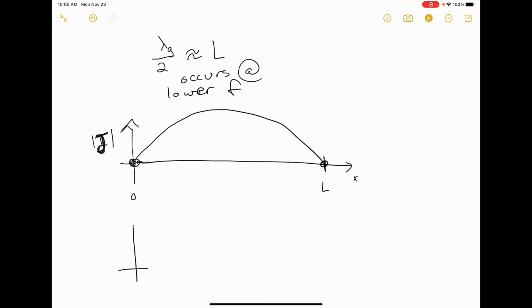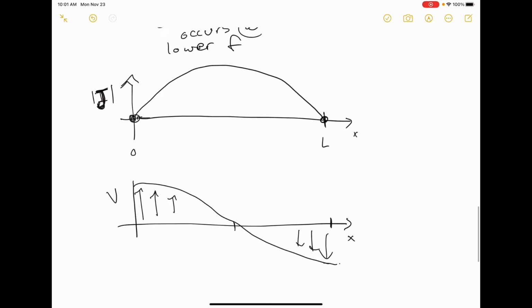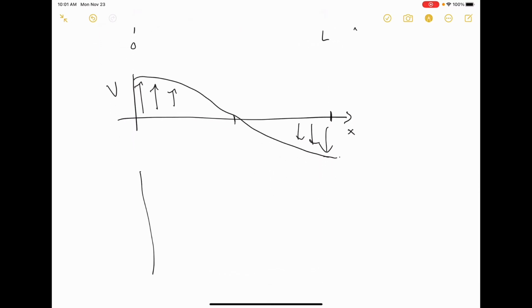The voltage on this antenna is going to do the opposite thing. So over the same region, the voltage is going to have a minimum at the middle and be maximum at one end and minimum at the other end, and have opposite polarity, like that. What this means is the location you put the feed point on the antenna sets the current voltage relationship.